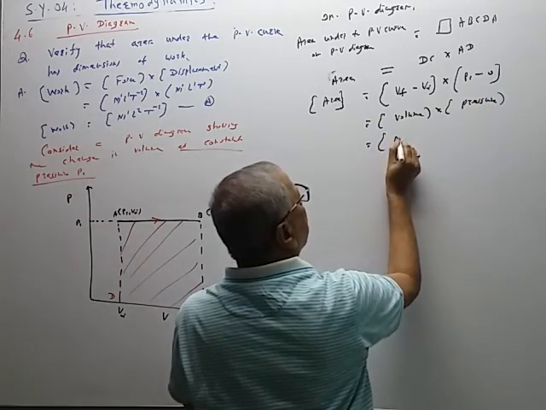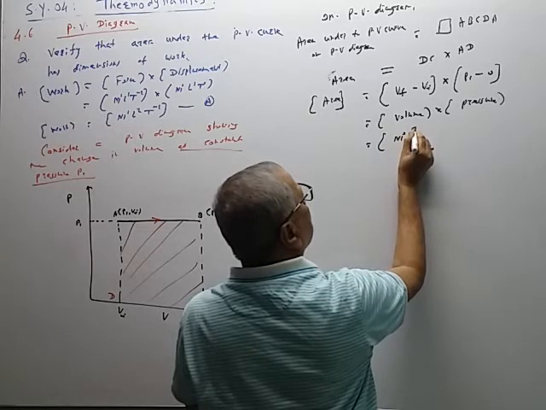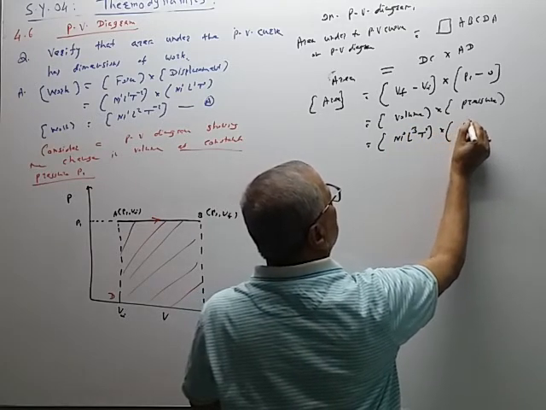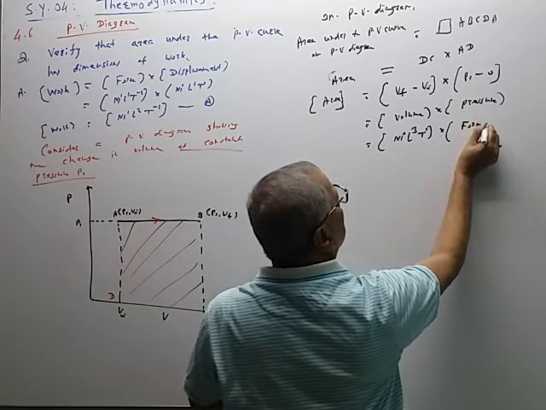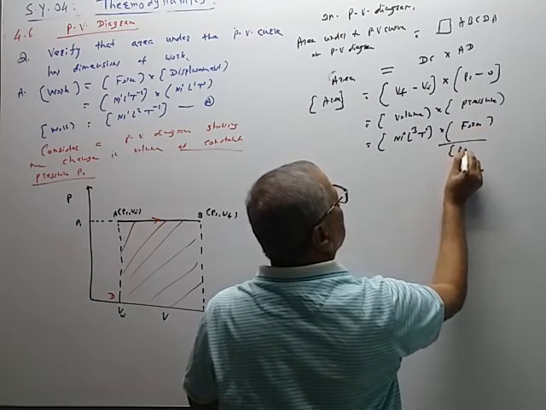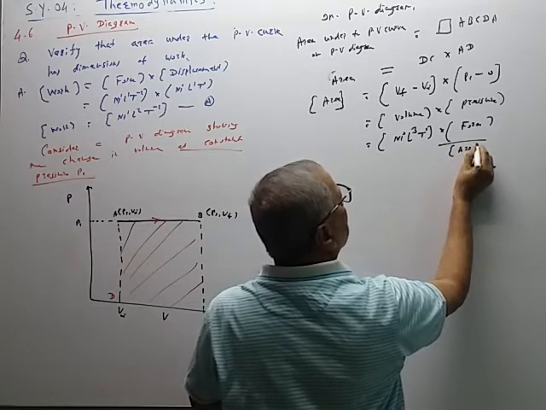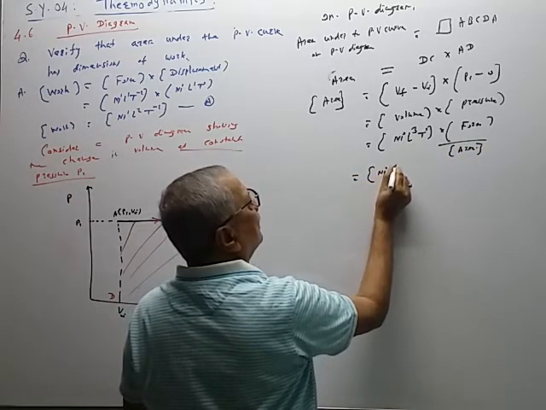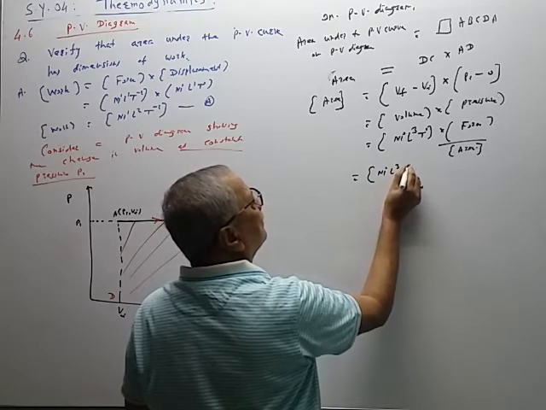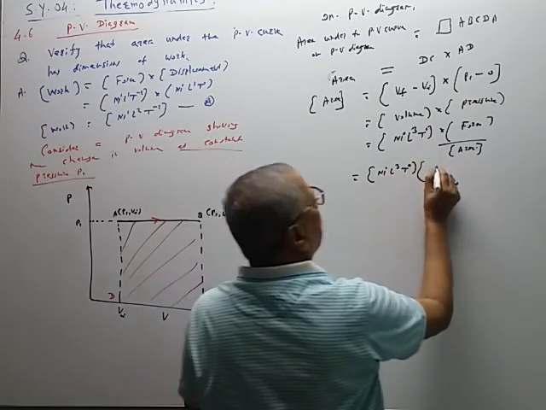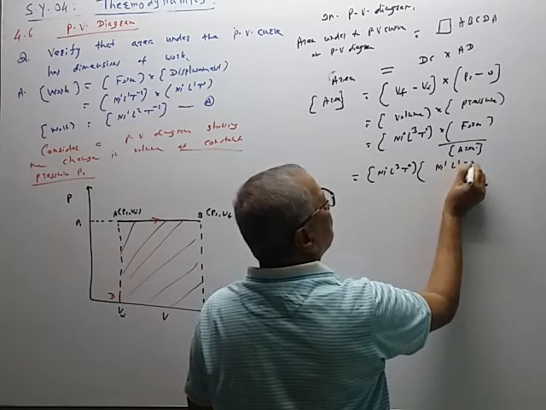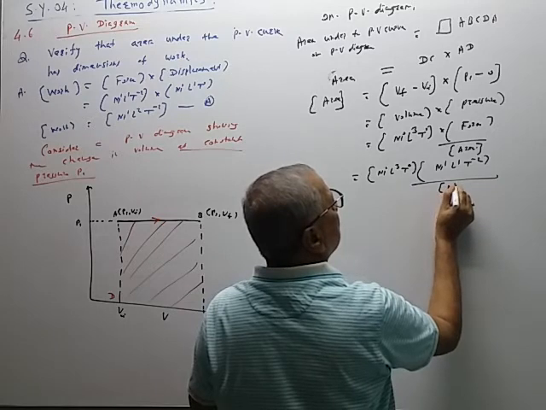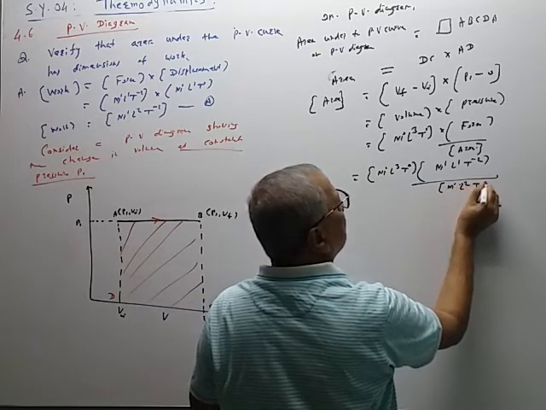So dimensions of volume are M raised to 0, L raised to 3, T raised to 0 multiplied by pressure, which is equal to force upon area. Pressure is defined as force per unit area. So this is equal to M0, L3, T0. Force is equal to M raised to 1, L raised to 1, T raised to minus 2 upon area. Area means M0, L squared, T0.